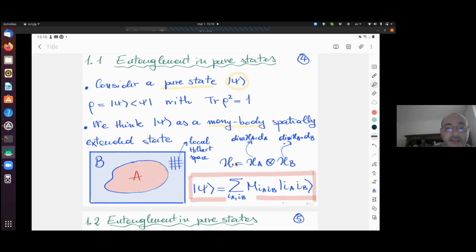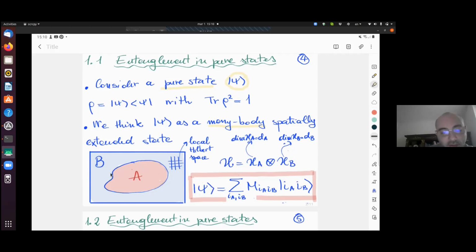The Hilbert space is then factorized into two factors: H_A for the local degrees of freedom of this region, and H_B for the local degrees of freedom outside. The dimension of H_A is d_A, the dimension of H_B is d_B.